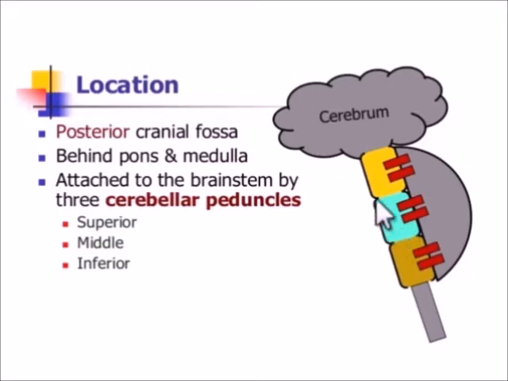The brain stem consists of midbrain, pons and medulla, and it is connected to the cerebellum by three cerebellar peduncles: connected to the midbrain by the superior cerebellar peduncle, to the pons by the middle cerebellar peduncle, and to the medulla by the inferior cerebellar peduncle.